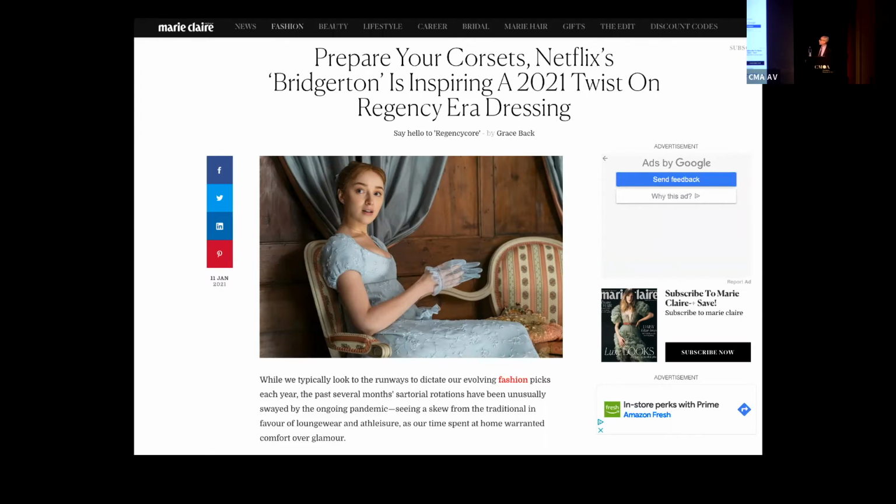So here's an article from Marie Claire in 2021, which announces that the Regency is back, baby, and thanks to Bridgerton, people are going to start dressing in Regency fashion. I don't know that that's necessarily going to happen. But again, the idea that people can imagine themselves in these clothes is a huge part of the appeal of the dress in these period dramas.